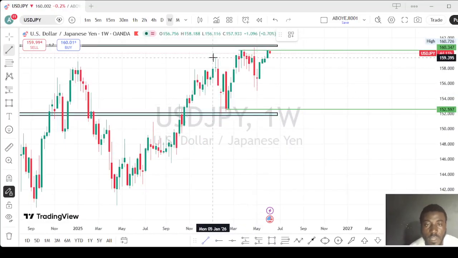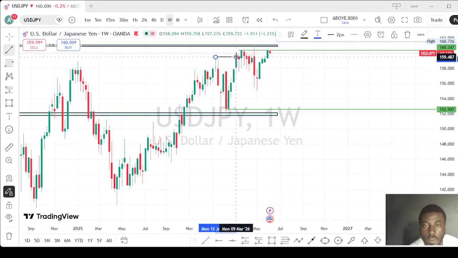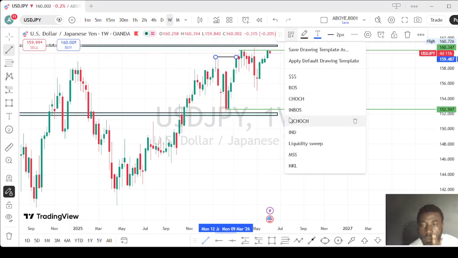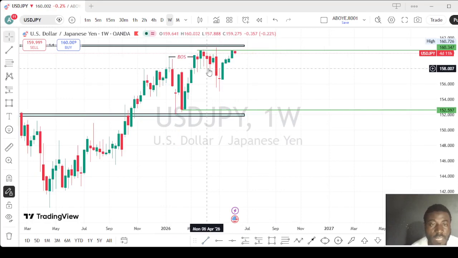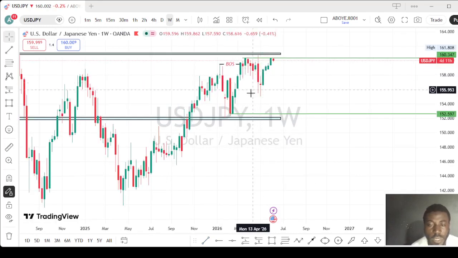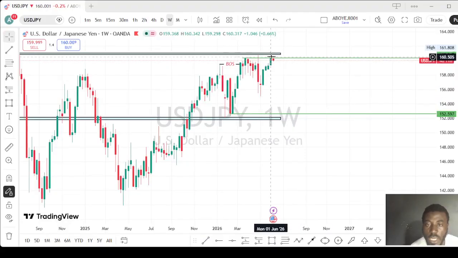On weekly time frame, this is the last break of structure we are seeing on the market.